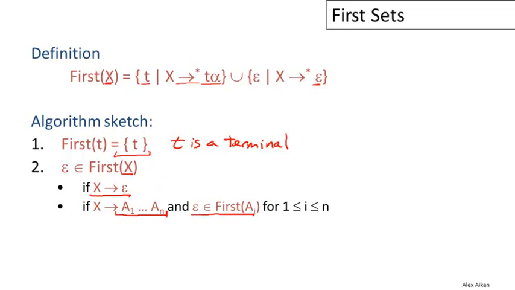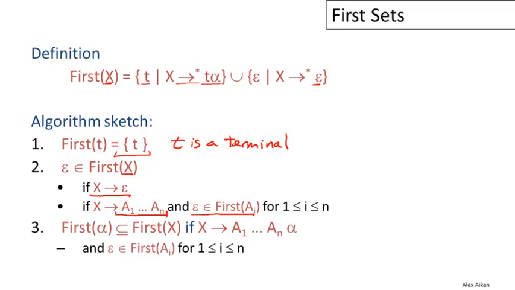Notice that this can only potentially happen if all of the Ai's here are non-terminal symbols themselves. Obviously, if there's any terminal symbol on the right-hand side, then that production can never go completely to the empty string. It'll always produce at least that terminal. But if every non-terminal on the right-hand side can produce epsilon, meaning epsilon is in the first of all of those non-terminals, and there are no terminals on the right-hand side, then epsilon will be in the first of x.